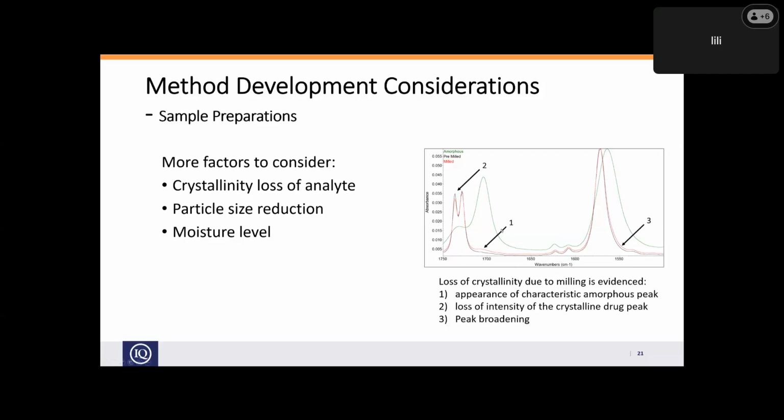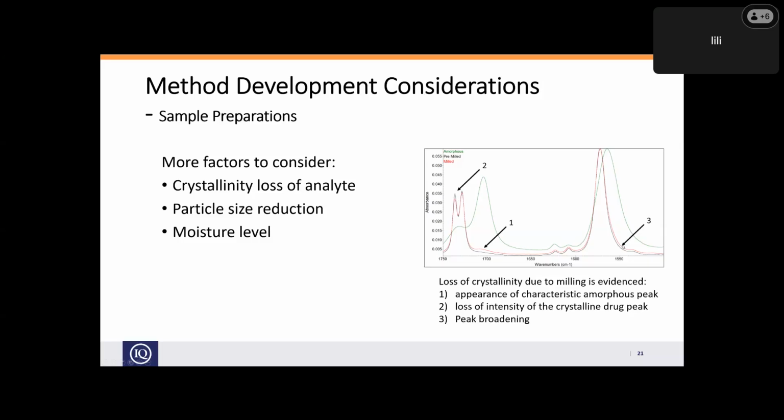Here, it's showing the amorphous peak appearance. And here the peak of the crystalline drug substance signal decreases when the sample is being milled. So that represents amorphous generation as well. Another piece of evidence is that in this peak, there is a peak broadening after a sample is being milled.